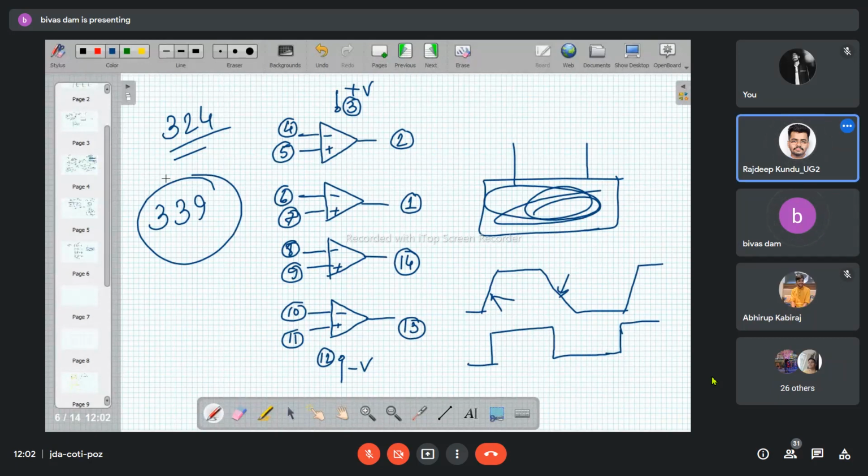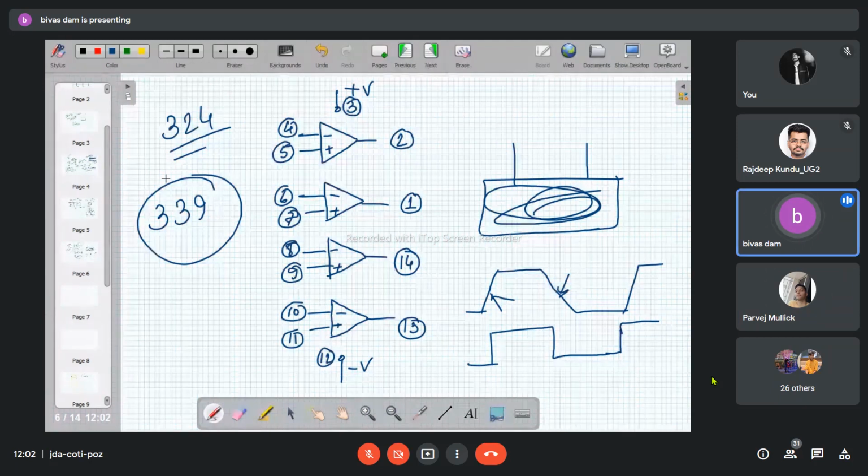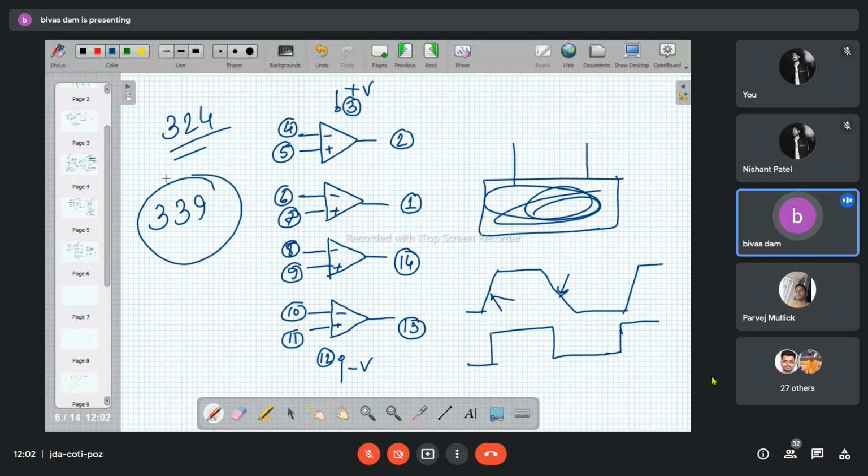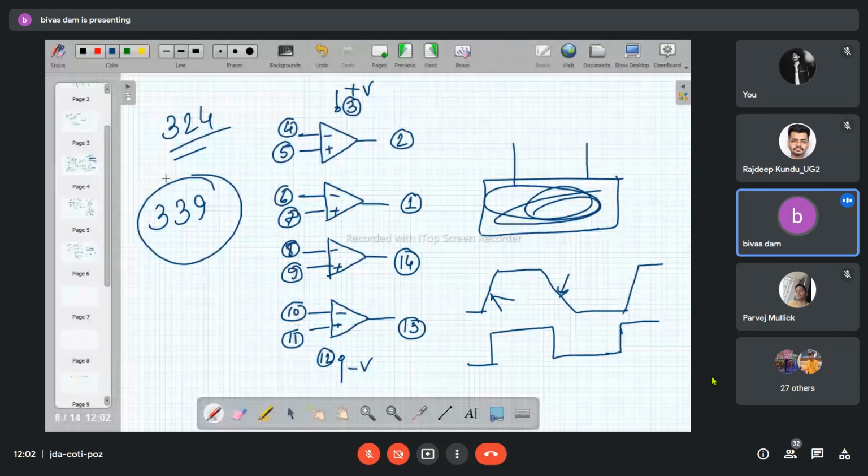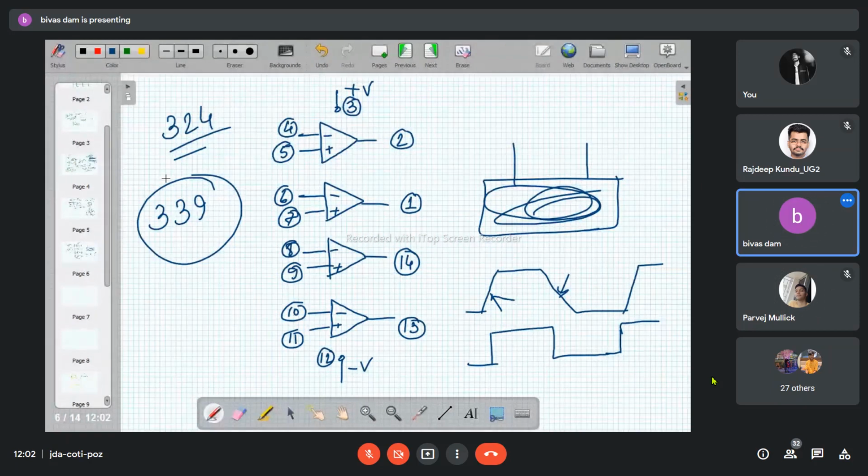Sir, what is the source of the names 339, 324, and 741? 741 and 324 are op-amps, and this 339 is called the comparator IC. Why is that the name? I cannot say, because the persons who design them assign certain names.